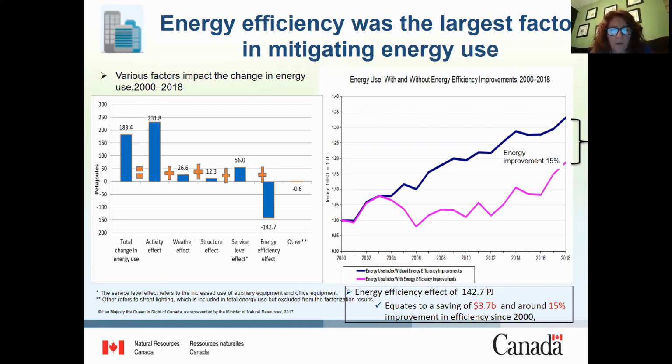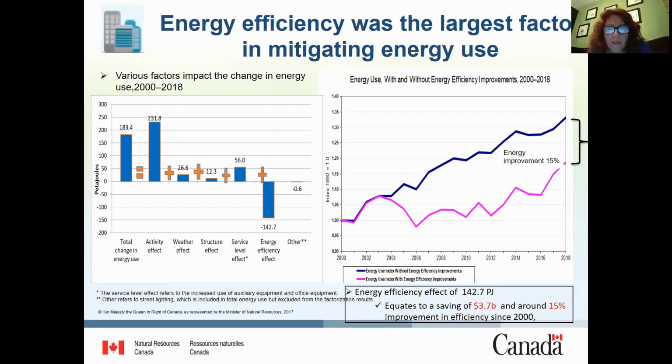For example, the activity effect. In this sector, the increase in floor space was 26%, which led to a 230 petajoule growth in energy use and a 9.7 megaton increase in GHG emissions.